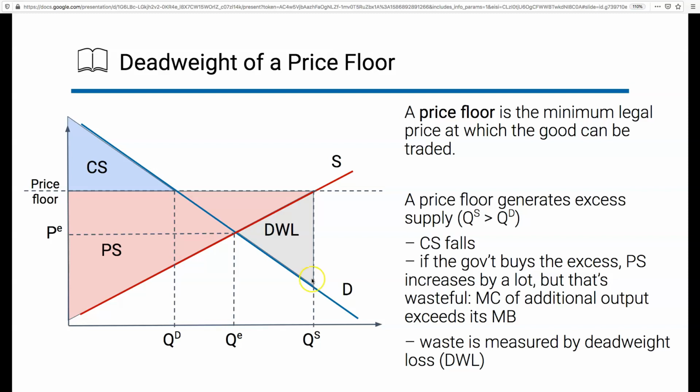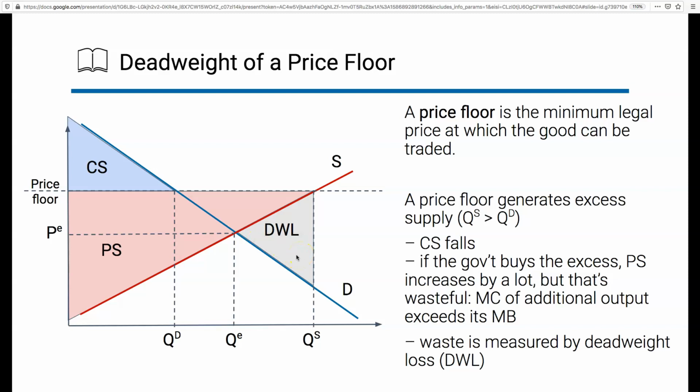We're incentivizing overproduction at costs that exceed benefits to the consumers. So that is the US example. Buying excess supply, a lot of benefit to the firms, but high deadweight loss from overproduction.